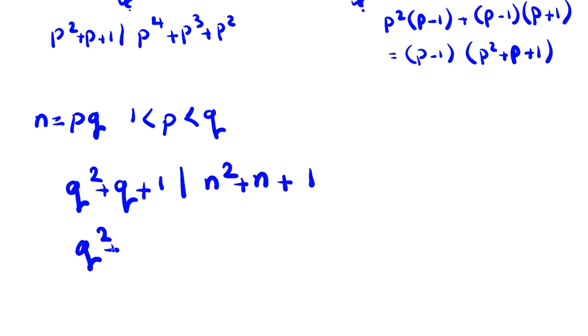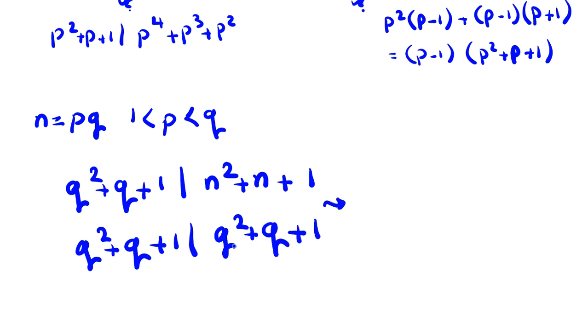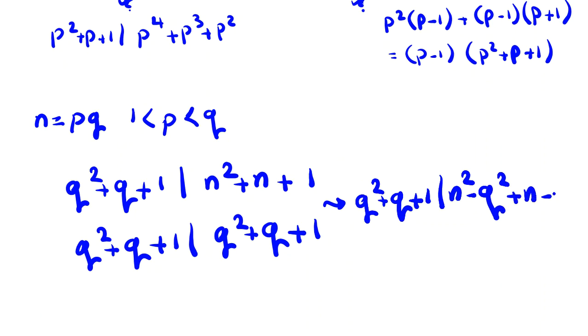We can write that q squared plus q plus 1 divides n squared, q squared. Let's write this one, q squared plus q plus 1. If we subtract, we can get rid of these ones. And we can factor out n minus q. So q squared plus q plus 1 divides n squared minus q squared plus n minus q.